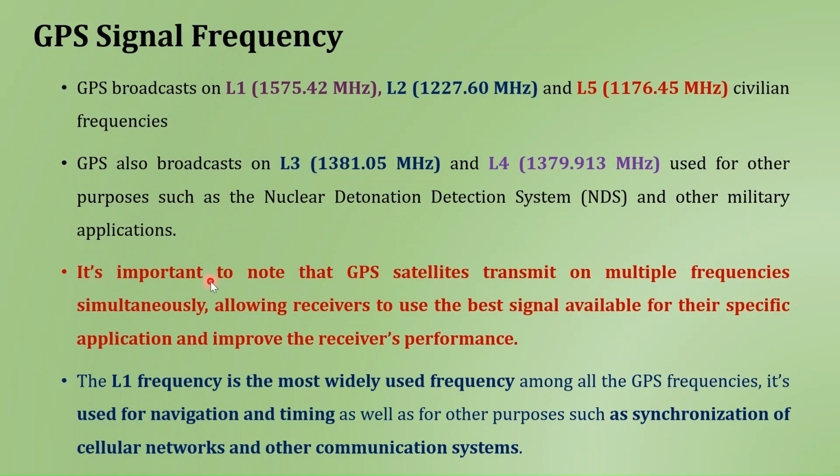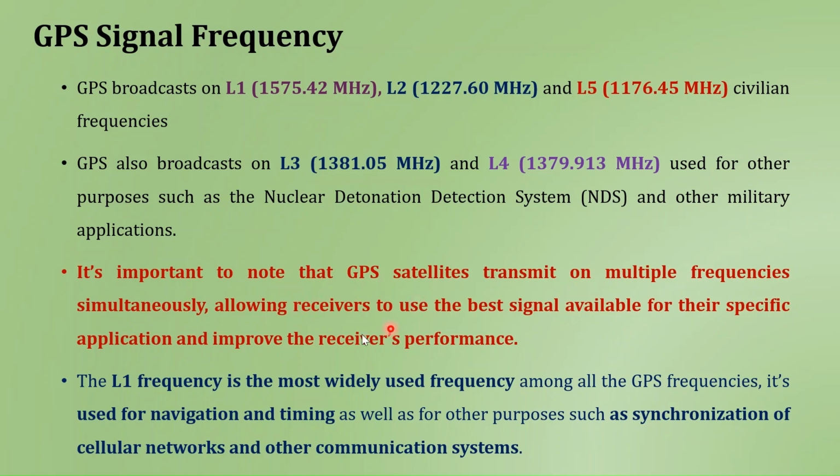It is important to note that the GPS satellites transmit on multiple frequencies. It can be L1 and L2, it can be L1, L2 and L5, or it can be L1, L2, L3. So each satellite can transmit on multiple frequencies, and depending upon the receiver, it can use the best signal available for its specific application.